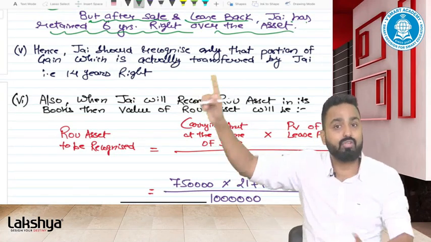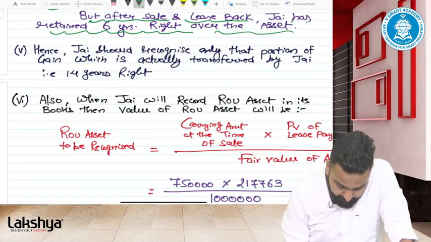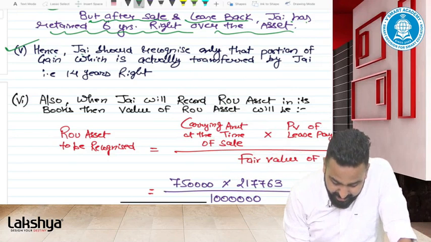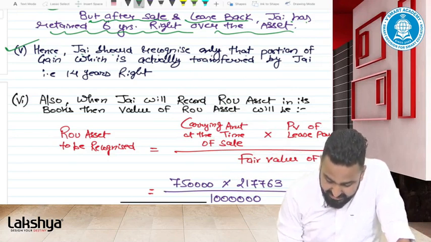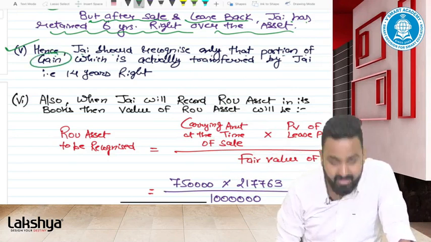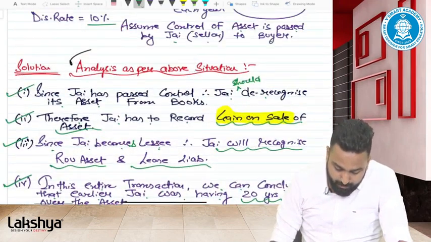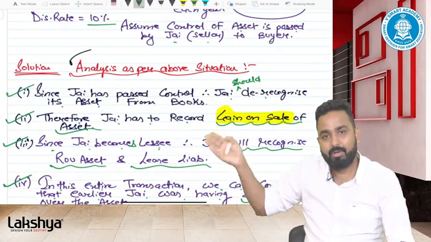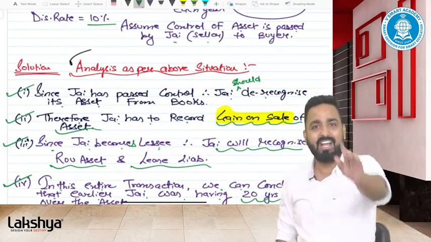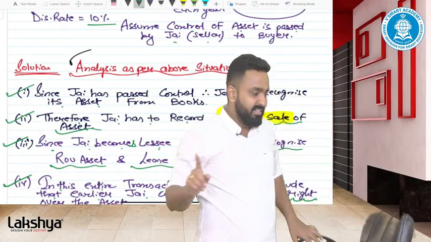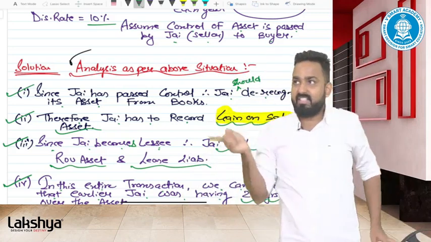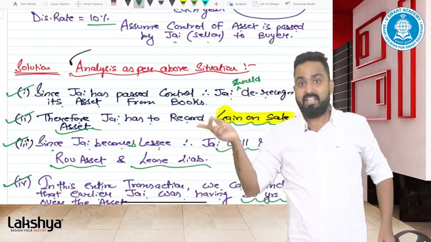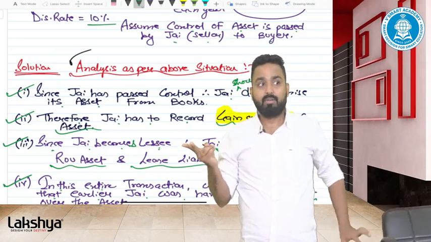So based on the conclusion, now see this. Hence, Jay should recognize only that portion of gain. See, in the second point, we understood that gain has to be recognized because there is a sale. Try to understand here. Is there a sale? Yes. Is there a gain? Yes.